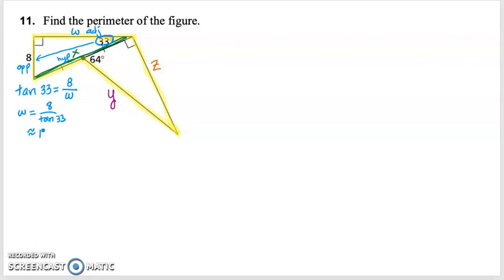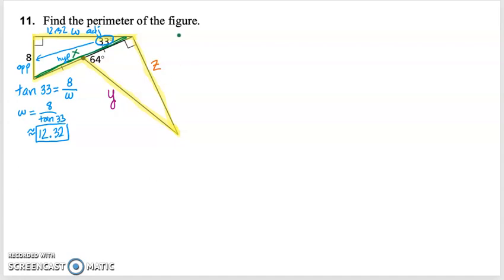W is approximately 12.32. That's this one here, 12.32. Right, now while we're still in this triangle, let's take a look at X, and actually we have to, because we can't do anything with this triangle until we know a little bit more about what's going on over here. So, I've got opposite, and I'm looking for hypotenuse, so which one of those uses opposite and hypotenuse?